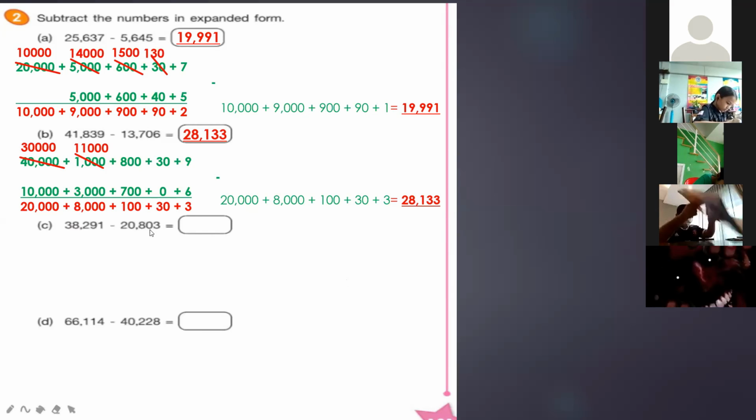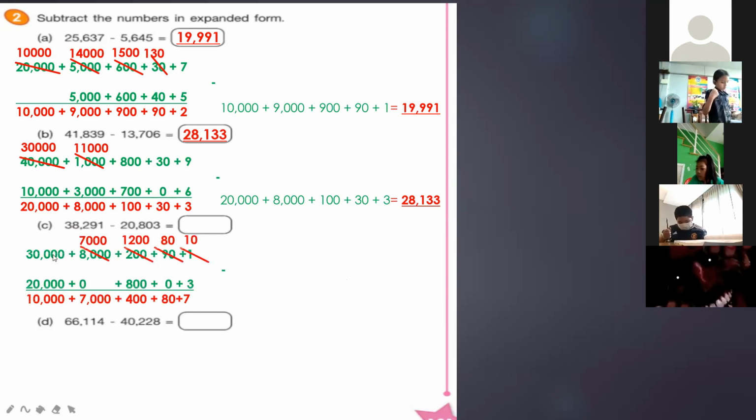38,291 minus 20,803. So first, let's write the expanded form for these numbers. Okay, so we have 30,000 plus 8,000 plus 200 plus 90 plus 1 minus 20,803.